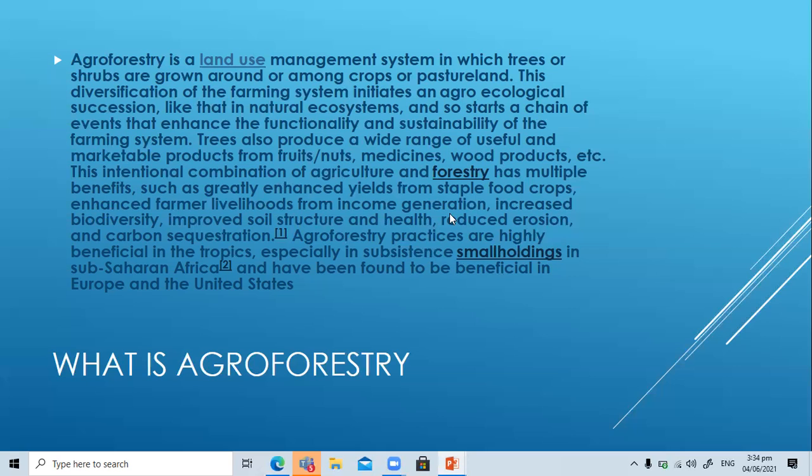Agroforestry practices are highly beneficial in the tropics, especially in subsistence small holdings in sub-Saharan Africa. So it's very beneficial in the tropics. And have been found to be beneficial in Europe and the United States.